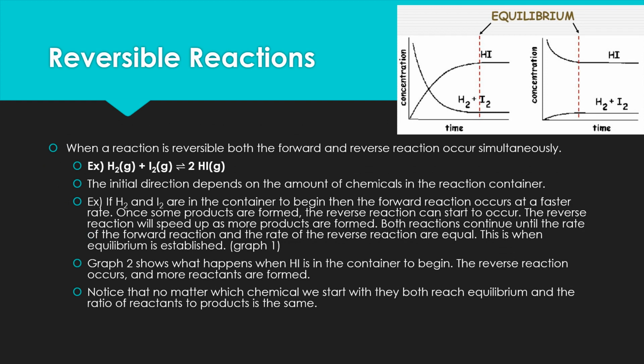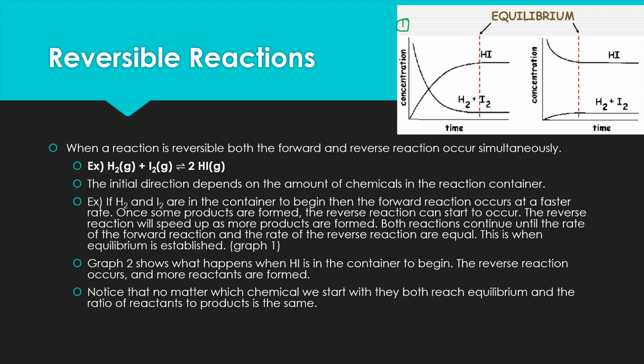So when a reaction is reversible, both the forward and reverse reactions occur simultaneously, at the same time. A good example would be hydrogen and iodine making hydrogen iodide, or hydroiodic acid. The initial direction depends on the amount of chemicals in the container. So for example, if we look at this first graph, let's call this graph number 1.